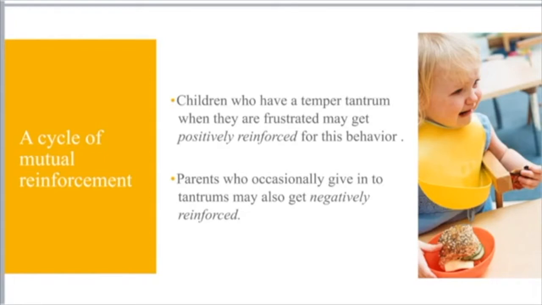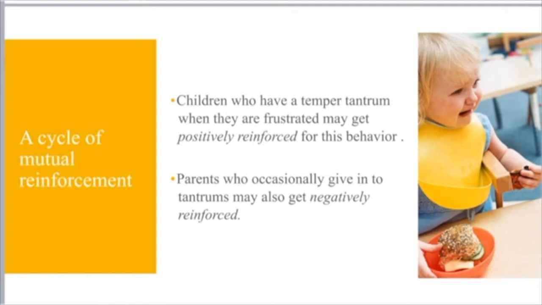Okay, hopefully you took a second and you thought about that. Positive reinforcement, the kid gets what they want, right? In this picture, they're throwing a temper tantrum, and when they throw a temper tantrum, mom gives them a sandwich, they stop their temper tantrum. Are they more or less likely to have a temper tantrum to get what they want in the future?